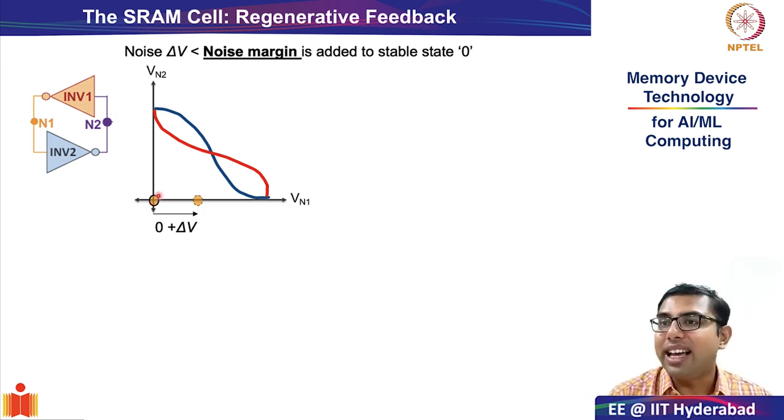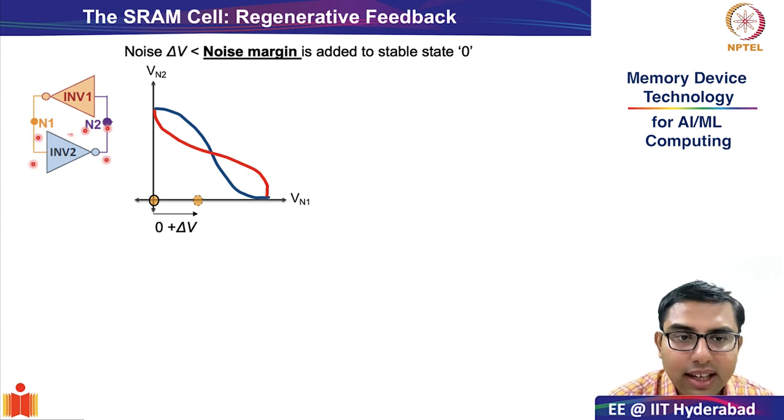So let's analyze this using the inverter configuration and the butterfly loops. In this case, since VN1 is the input and there is a disturbance at the input, it is but natural that we should look at inverter 2. Why? Because the input to inverter 2 is N1 and the output is N2.